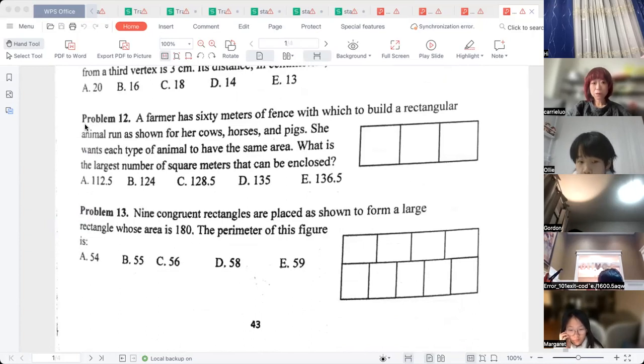Okay, so let's take a look at this one. So 9 congruent. So what does congruent mean? That means all the rectangles have the same measurement. Okay, so very good, Oliver.